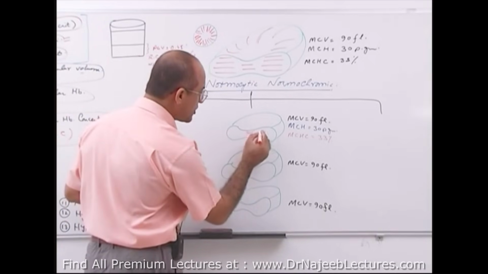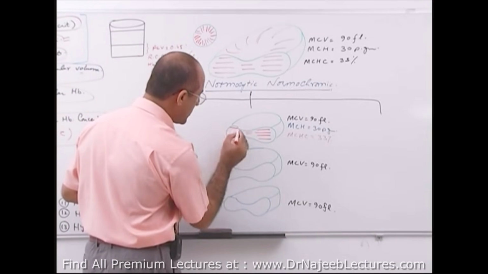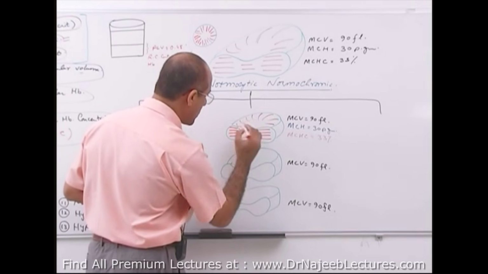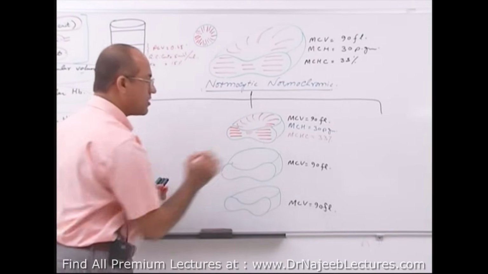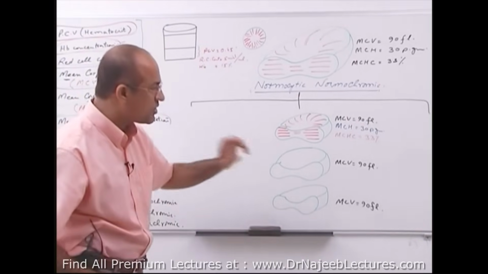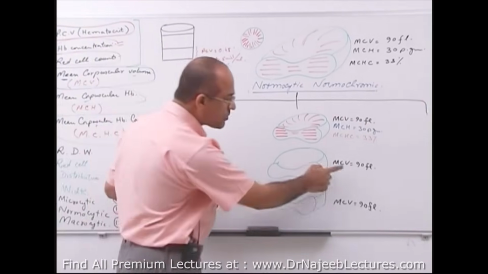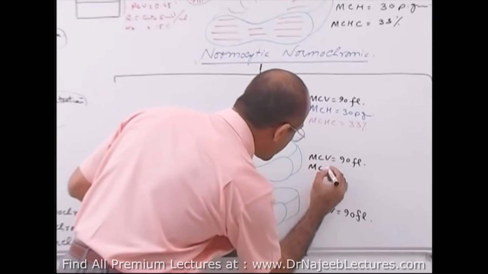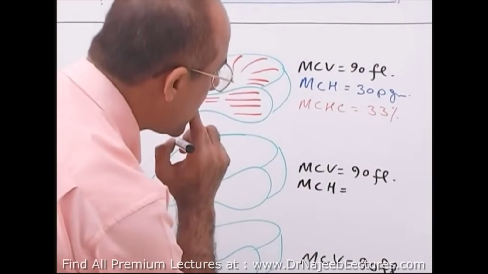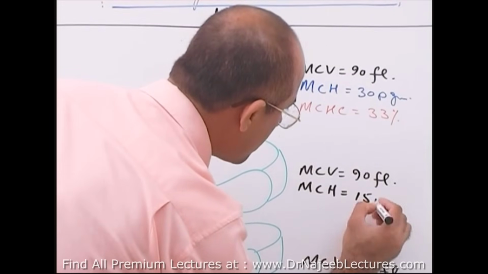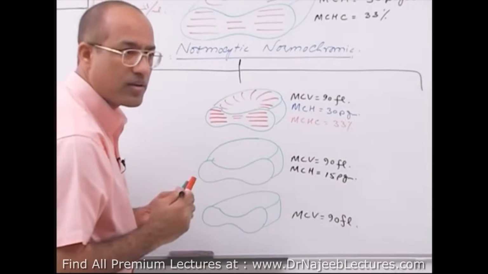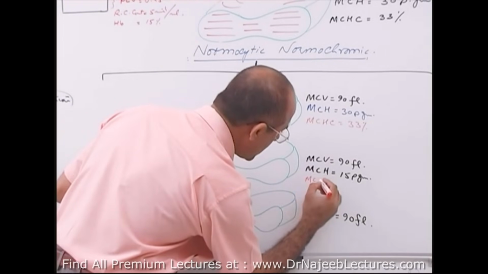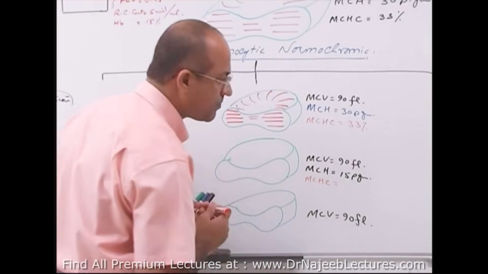So how would you comment on this RBC? Normochromic, normocytic. Now we take an RBC from another person. Here mean corpuscular volume is the same as above, but mean corpuscular hemoglobin is 15 picogram, and mean corpuscular hemoglobin concentration is how much?